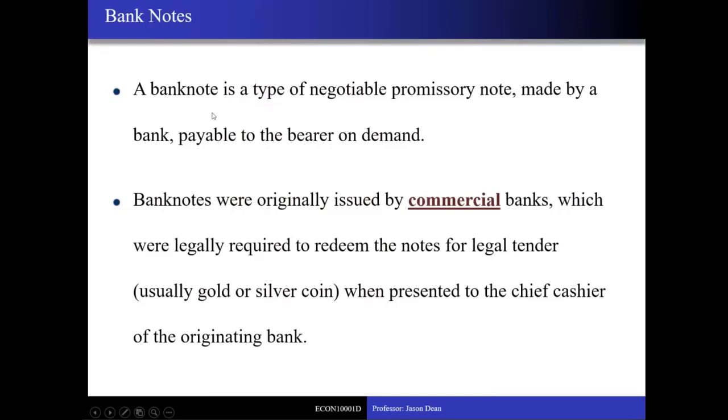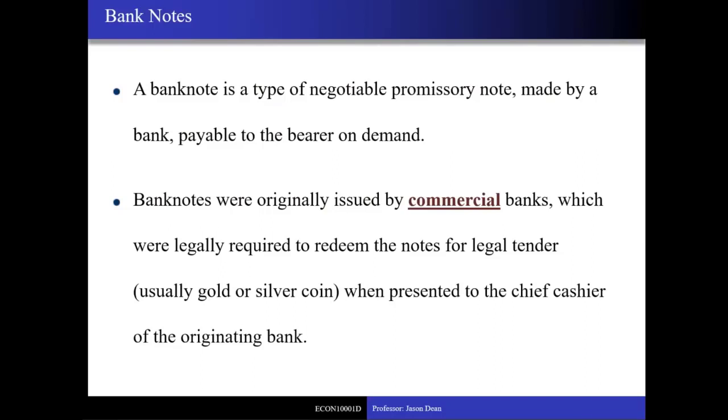So eventually it wasn't Goldsmiths anymore, but at some point we had regular banks. They did a lot of regular banking functions, but they still issued these types of IOUs, and they were based on gold or silver. So banknotes were originally issued by commercial banks. What's interesting is it's not just the government.